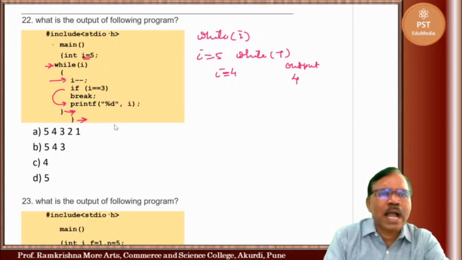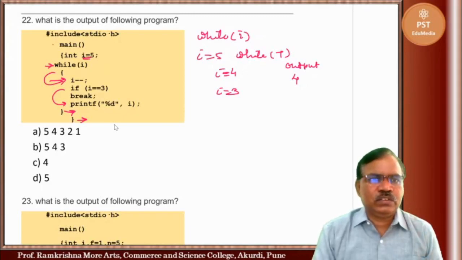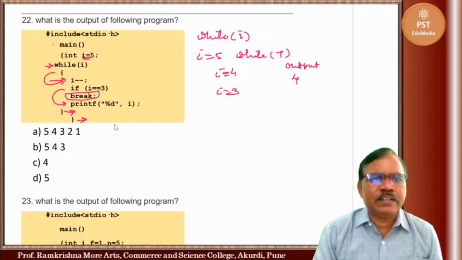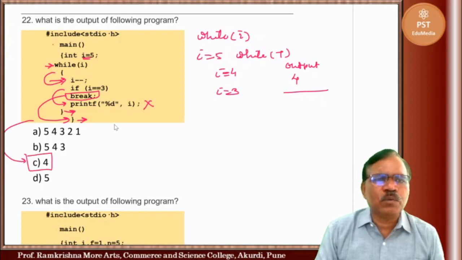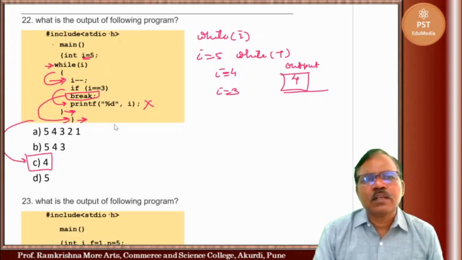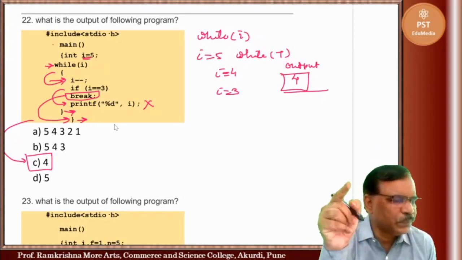Now it will go back. i is 4, the condition is true. i becomes 3. If i equals 3, yes. So break is evaluated, and it will come out of the while loop. It will not execute the printf. So you have only one output, because printf is evaluated once. Is it clear to you?